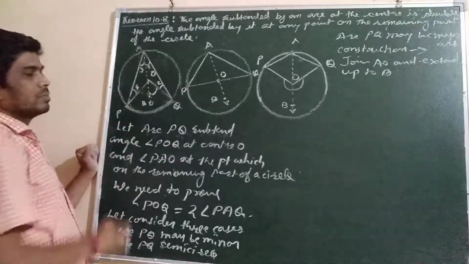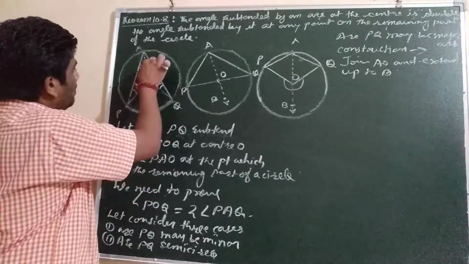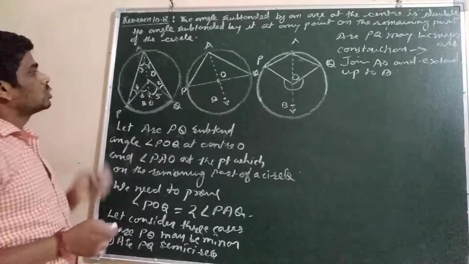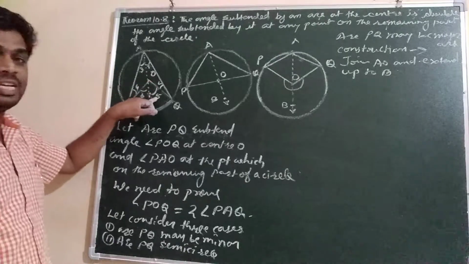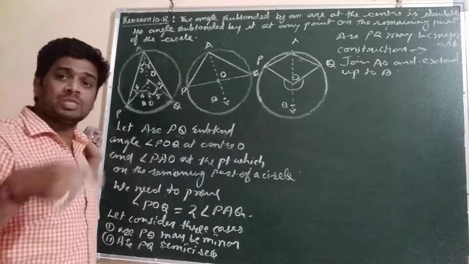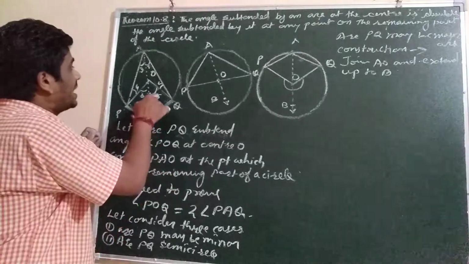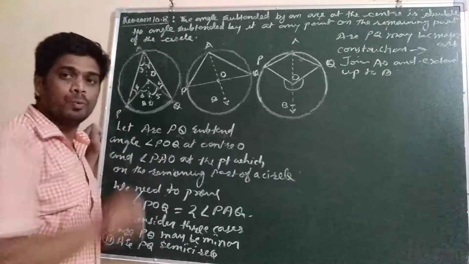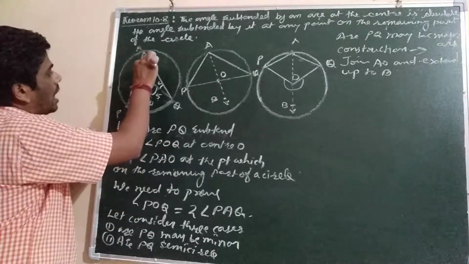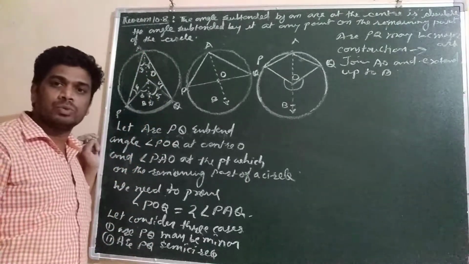Okay, so angle 1 plus 2 equals 5, and this will be 6. Why? Because angle BOQ, which means 5, will be the exterior angle for this triangle AOQ. So you can write angle 5 will be equal to angle 1 plus angle 2.